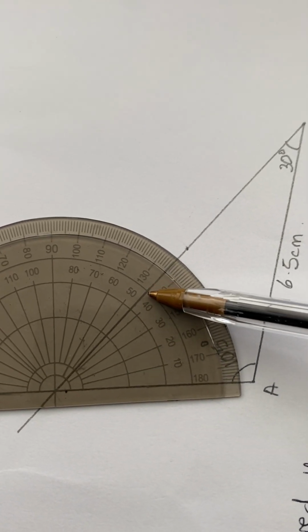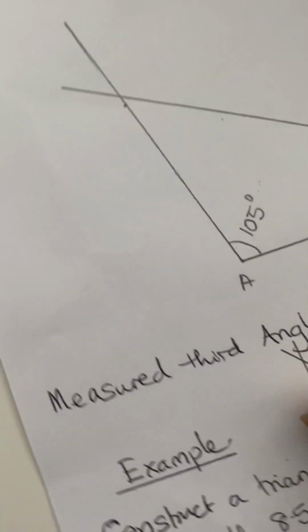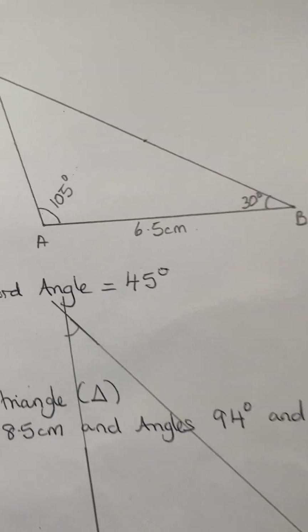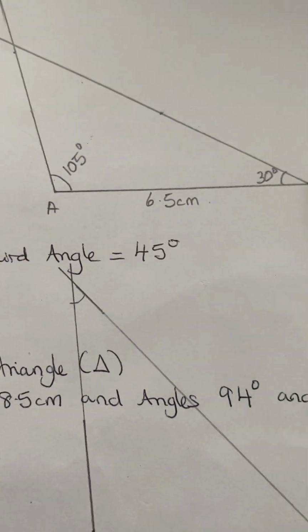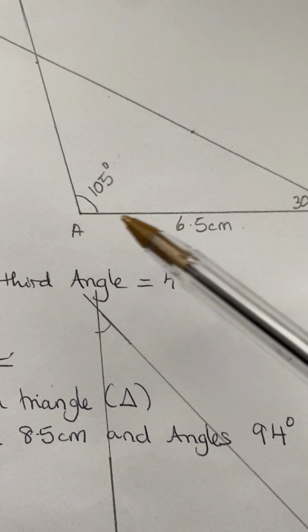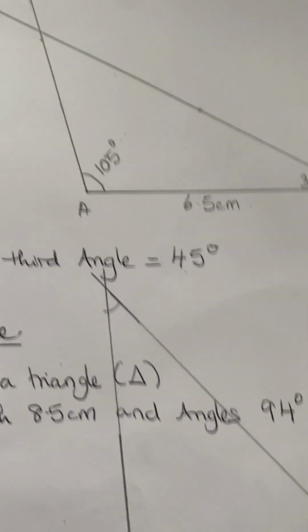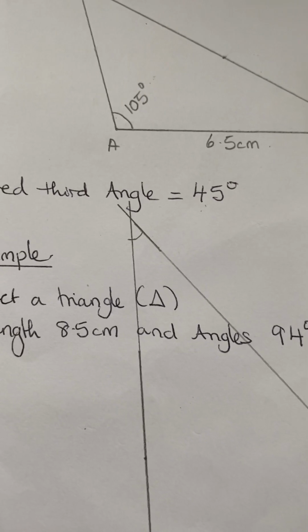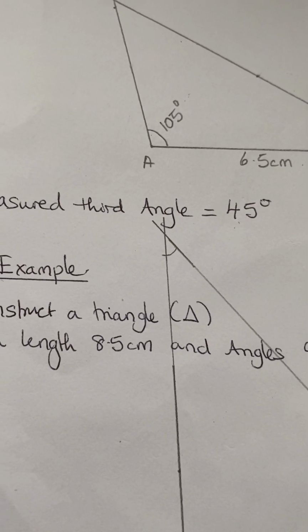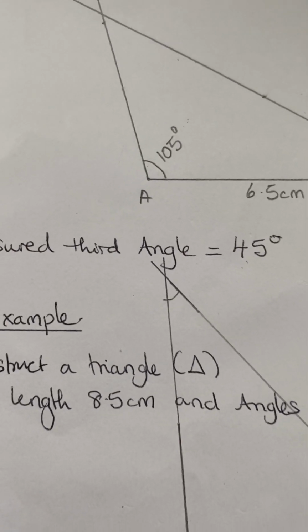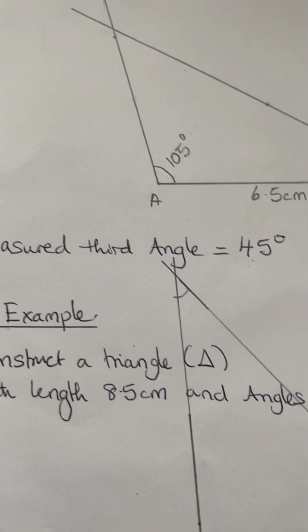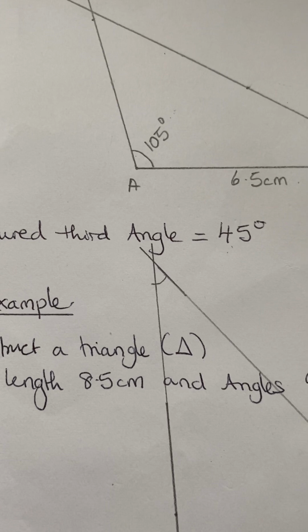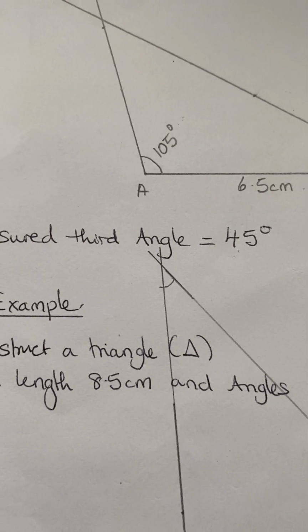That's 45 degrees. And if you take 105 and 30 from 180, you've got 45 degrees. Okay, so actually we've just proved that the three angles in a triangle should add up to 180.